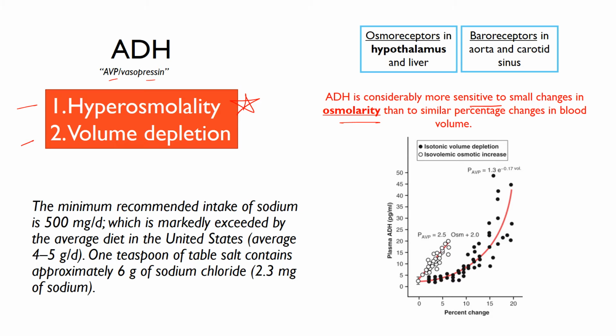And this graph is depicting that. If you have a percent change down here on the x-axis, that's what is shown down here, this is the subsequent release of plasma levels of ADH.